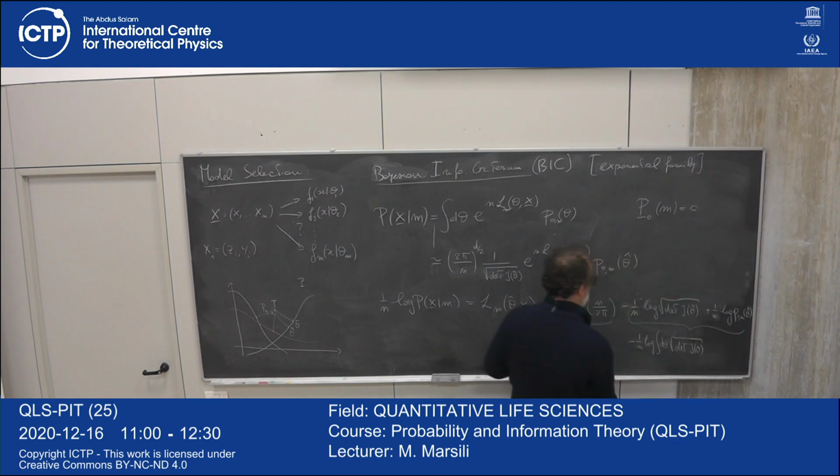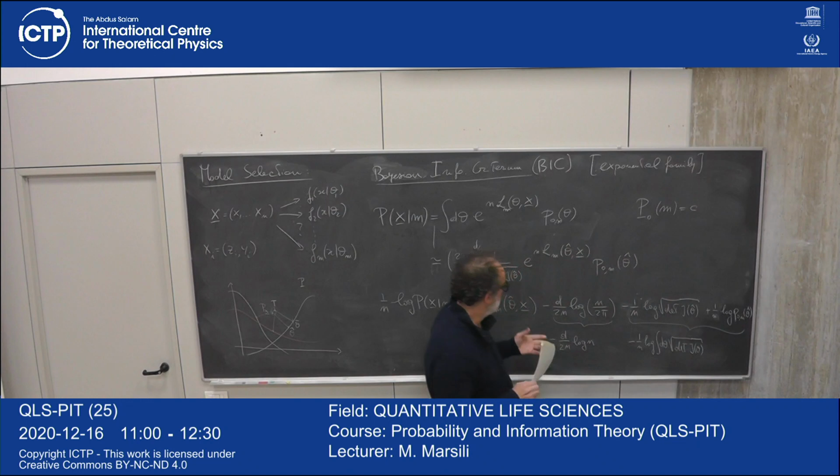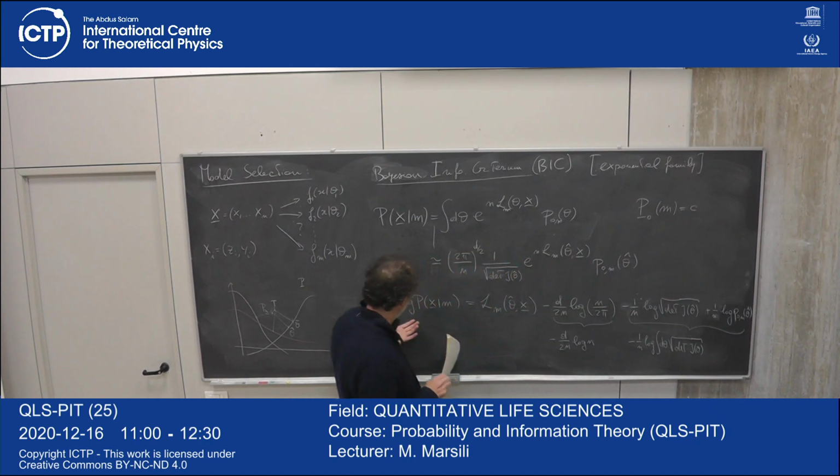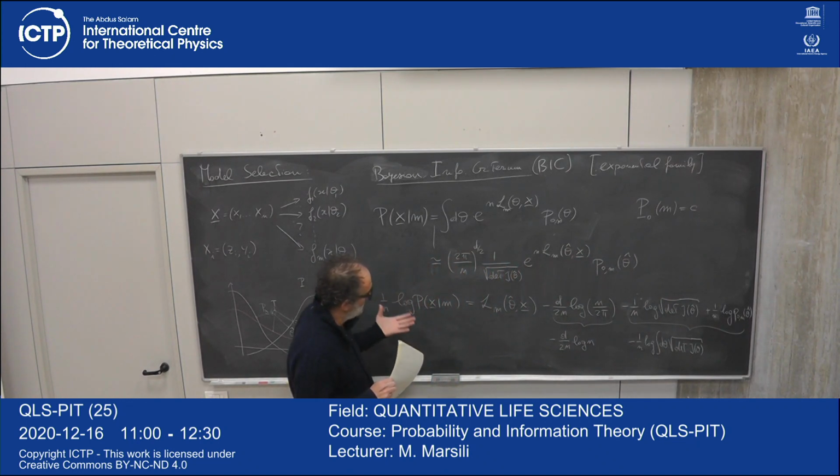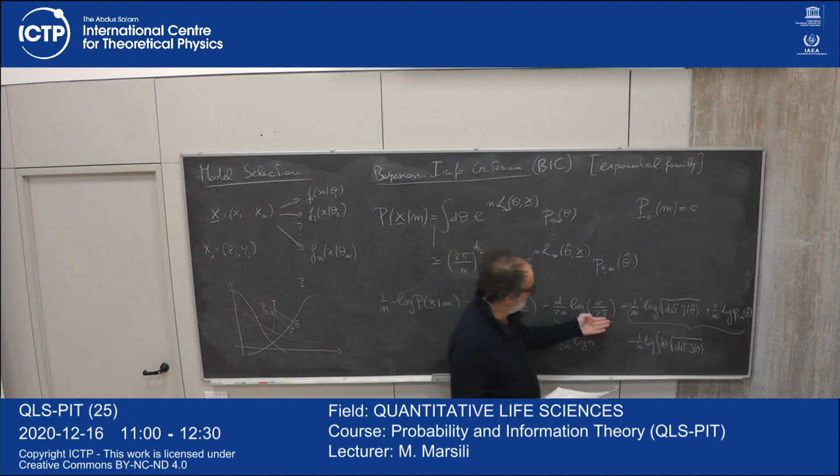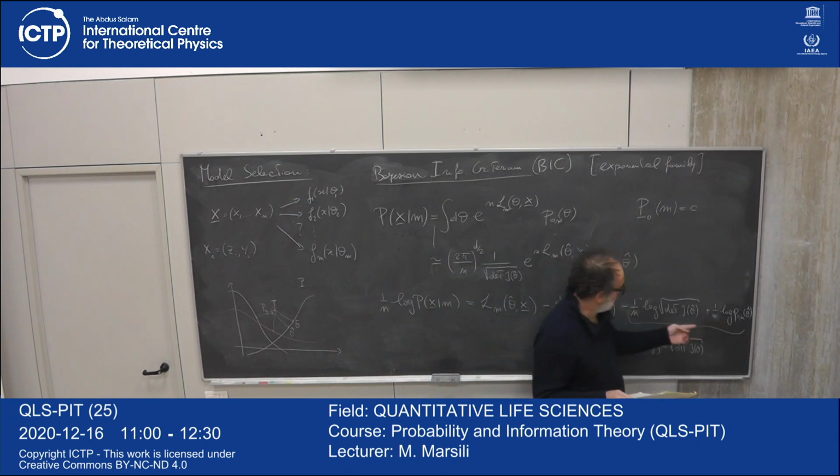And what is important about this is that if you take a Bayesian point of view with the Jeffreys prior, which is the maximum entropy, maximally uninformative prior, then you get that the penalty to leading order does not depend on the data.